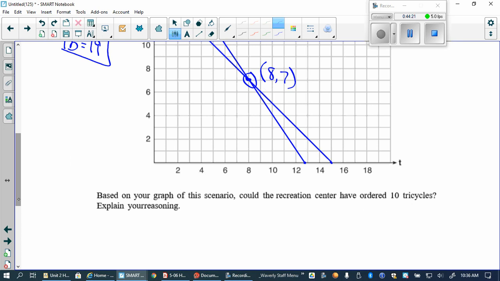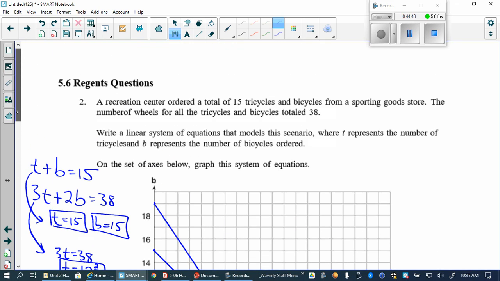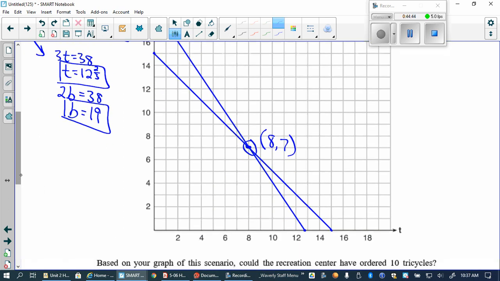Let's take the question down here. Based on your graph, could the recreation center have ordered 10 tricycles? Look at your graph. What axis has the number of tricycles?